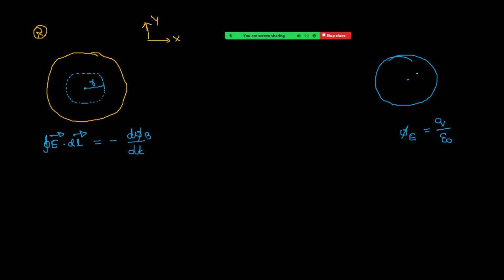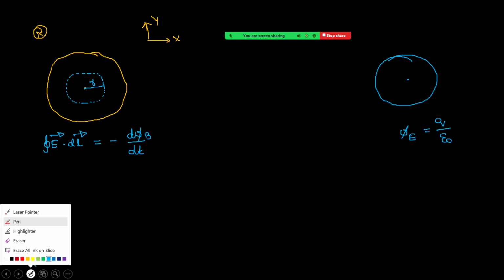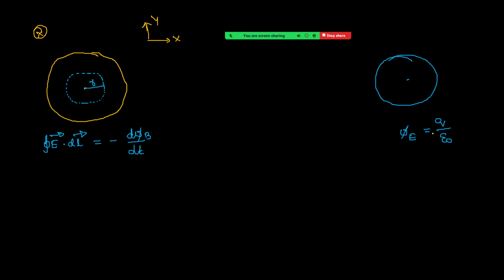But in this region, no charges are present. That means through this loop, no field line enters or leaves. That means at each and every point on the circle, the direction of the electric field must be tangential.